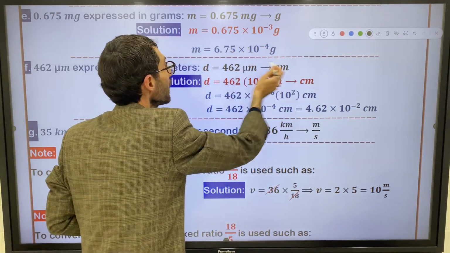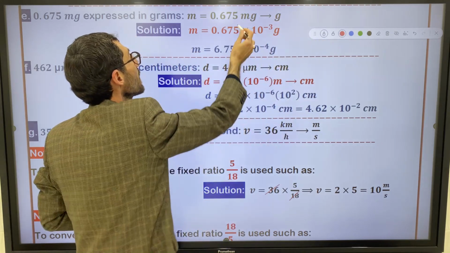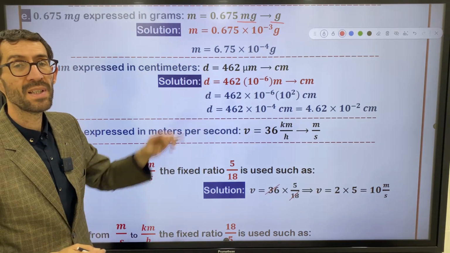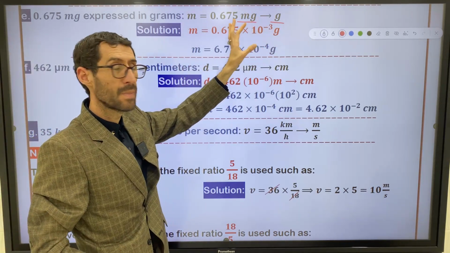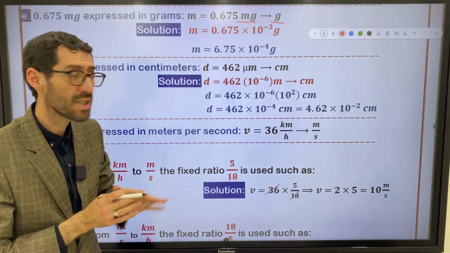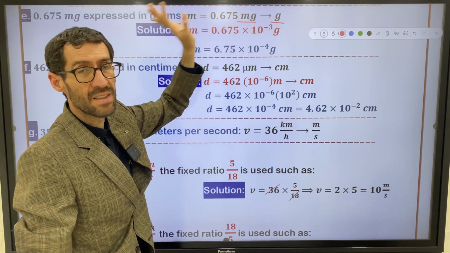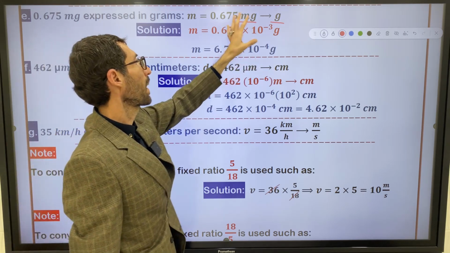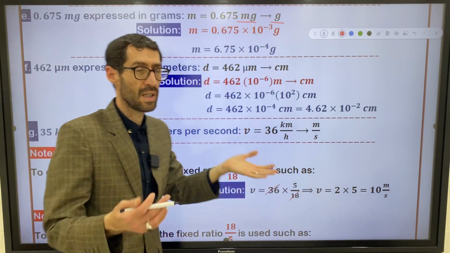So right now, milli means you convert from small to large, milli to gram. That's why you have to use negative. Just write the value of milli and that's it. So 0.675 multiplied by 10 to the power negative 3 grams.